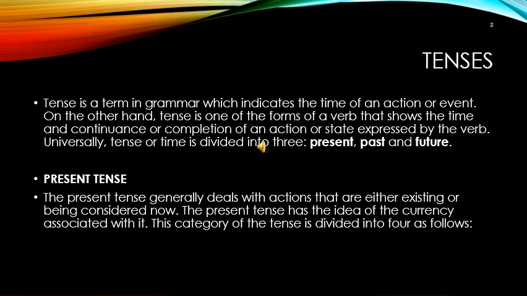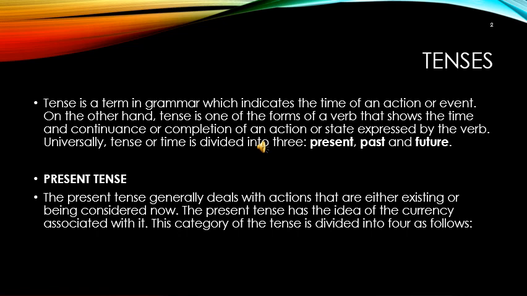Tenses is a term in grammar which indicates the time of an action or event. On the other hand, tense is one of the forms of a verb that shows the time and continuance or completion of an action or state expressed by the verb. Universally, tense or time is divided into three: the present tense, the past tense, and the future tense.